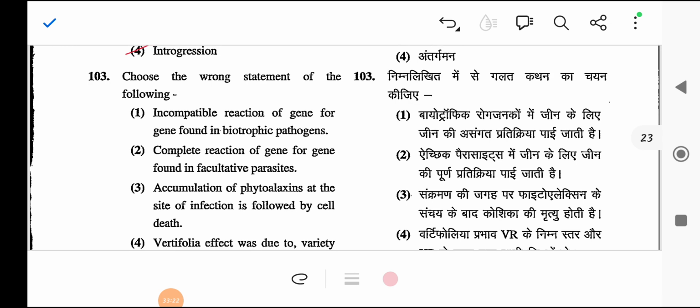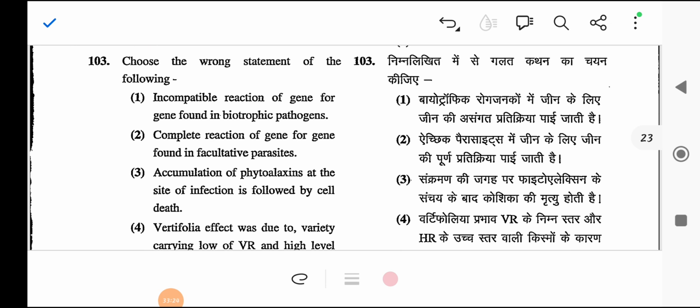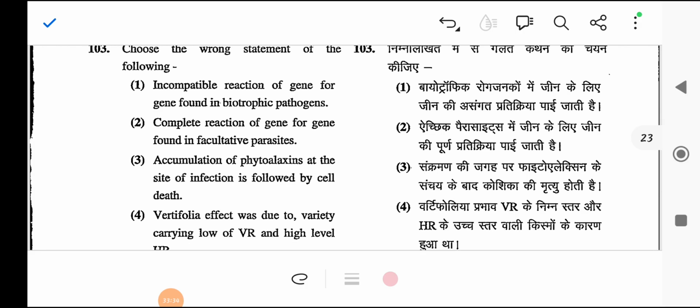Next is choose the wrong statement of the following. So choose the wrong statement. Incompatible reaction of a gene found in biotrophic pathogens. So incompatible reaction occurs in biotrophic pathogens. True. Complete reaction of gene for gene found in facultative parasites. In facultative it is complete reaction.